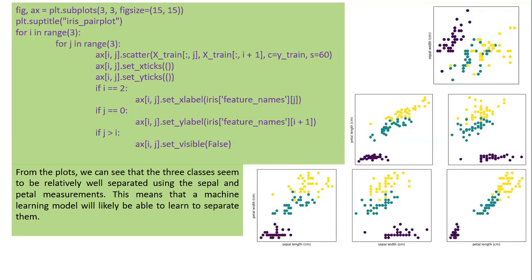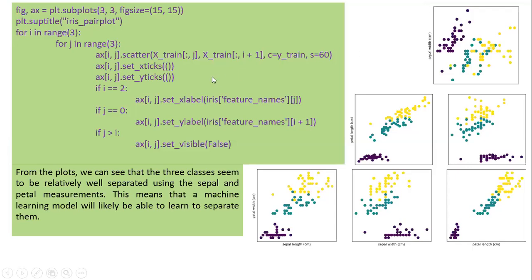There is a loop for i in range 3, for j in range 3, and then we are going to put data from X train in a scatter plot. c is equal to y train; c are the labels.